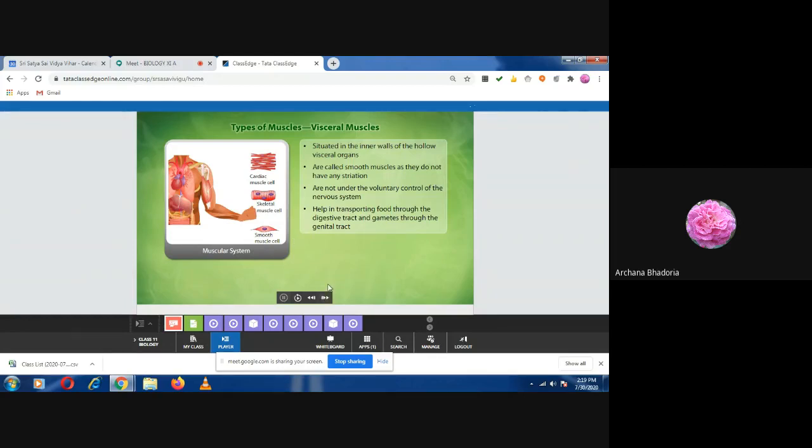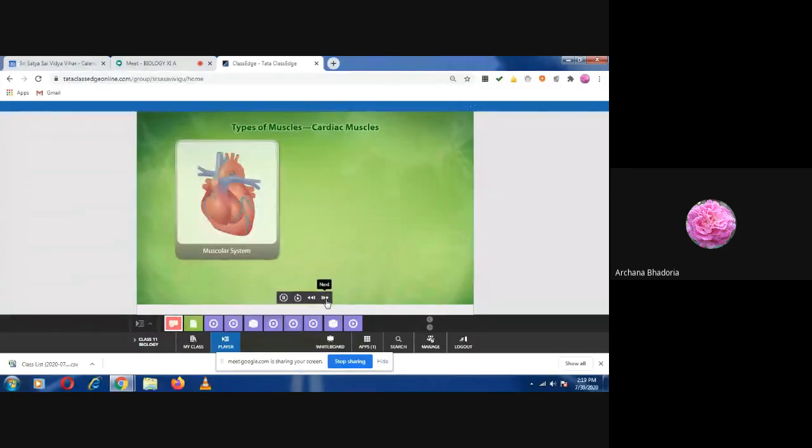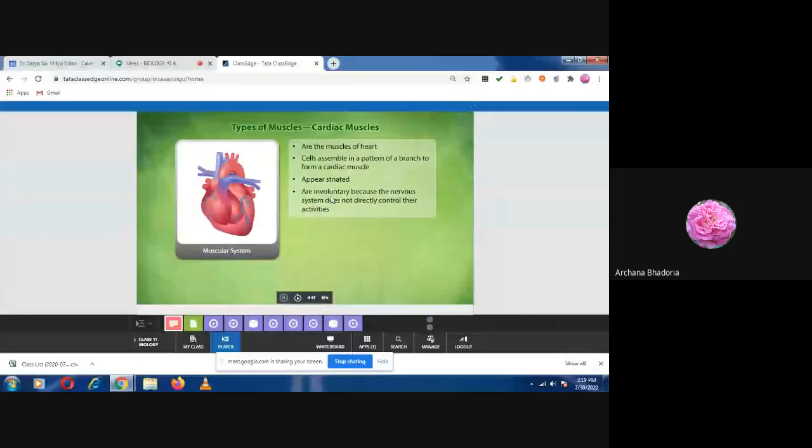The last one is the cardiac muscle, which is found in the heart, and they are branched muscles. They have faint cross striations, so they also look slightly striated, and they are involuntary, because the nervous system does not control their activities directly.